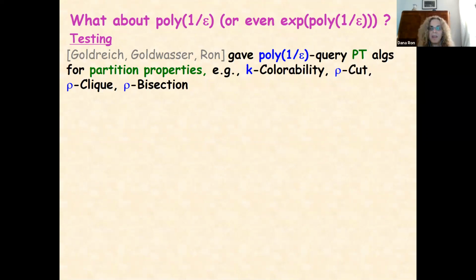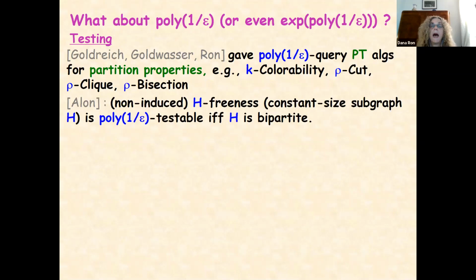Here I'll just say that it contains k-colorability, rho-cut, which means do you have a cut with at least rho n squared edges crossing it, rho-clique, do you have a clique of size at least rho, and so on. It's a big family, but it contains pretty much the natural partition properties that you would be interested in. So you can get poly 1 over epsilon for this family.